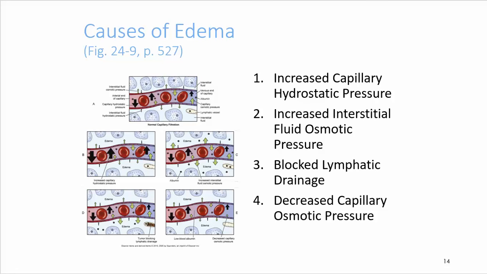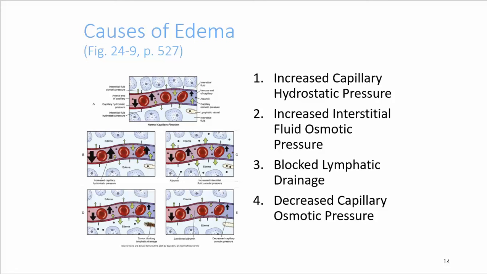Okay, so the next mixed one is edema. So this is a saline and a water issue. Now, there's a bunch of different kinds of edema, and they can be caused by a number of things or a combination of these things.